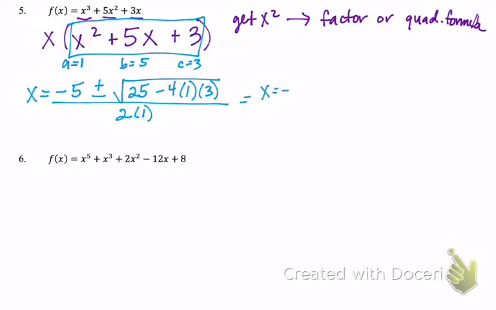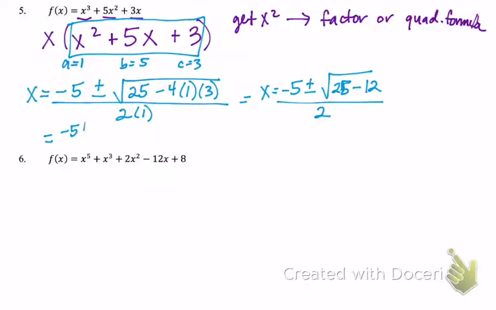I'm going to simplify. You get 25 minus 4 times 1 times 3, which is 12, over 2.